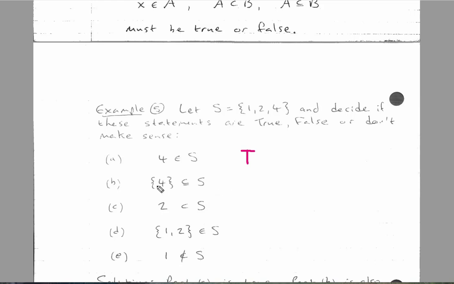Part B, now here we have a set containing just 4. This set containing 4 is a subset of S. That's true, all the elements of this set are contained in S, so this is true.